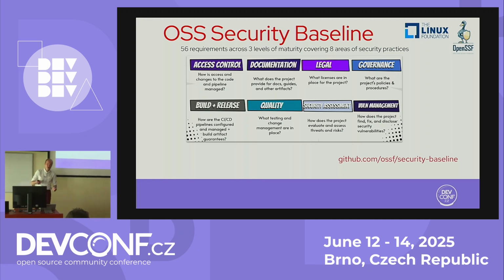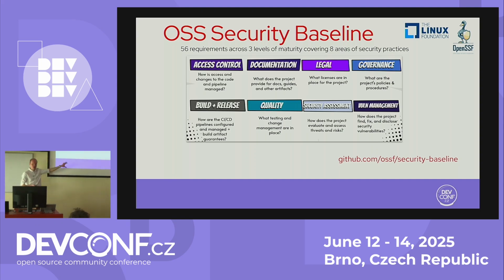This is the Open Source Security Baseline, or OSPS. This is an initiative under OpenSSF, currently comprising 56 requirements across 3 levels of maturity, covering 8 areas of security practices. If you have a look at these areas, they all make sense, right?